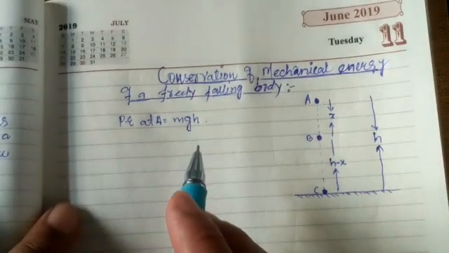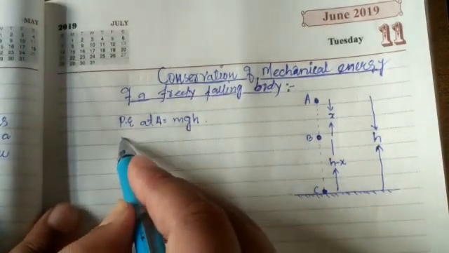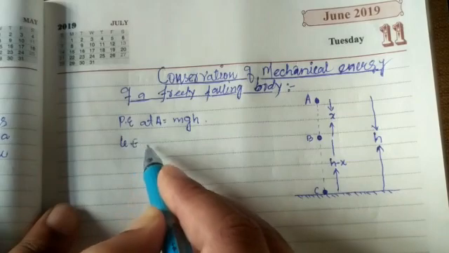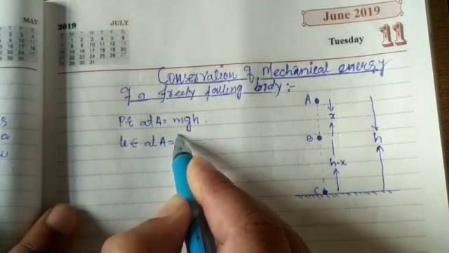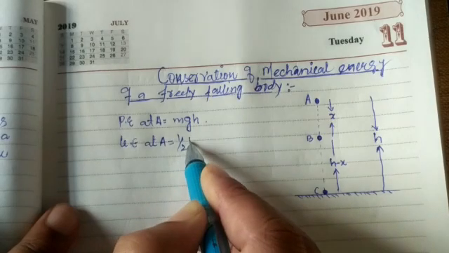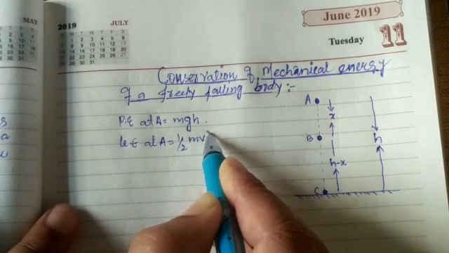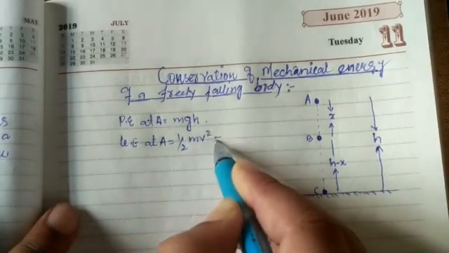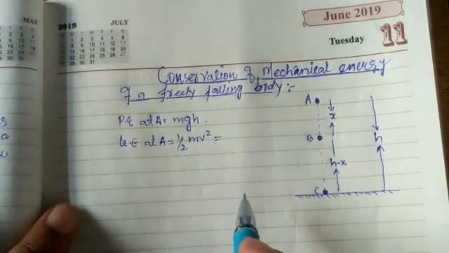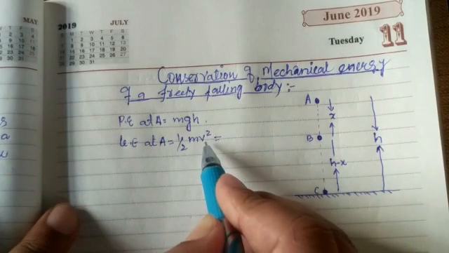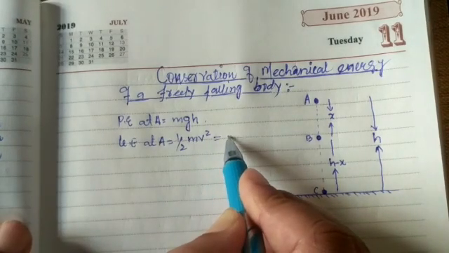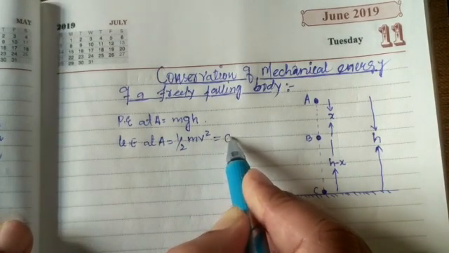But at the same time, the kinetic energy at A is equal to 1/2 mv². At this very point A, as the body is at rest, there is no velocity, hence the kinetic energy becomes 0.